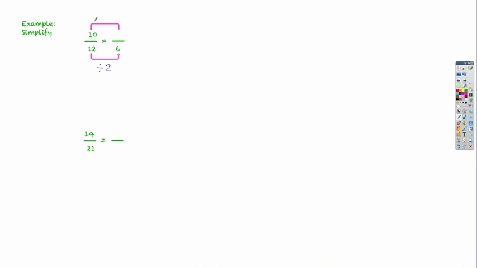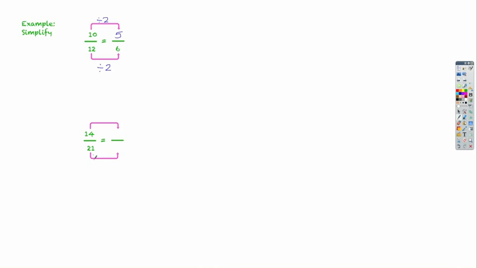That gives me 6. So 12 divided by 2 is 6. 10 divided by 2 gives me 5. And now I need to think, what times tables are both 5 and 6 in? And there isn't one apart from the 1 times tables. So we leave that as it is, and that's as simple as it can get.